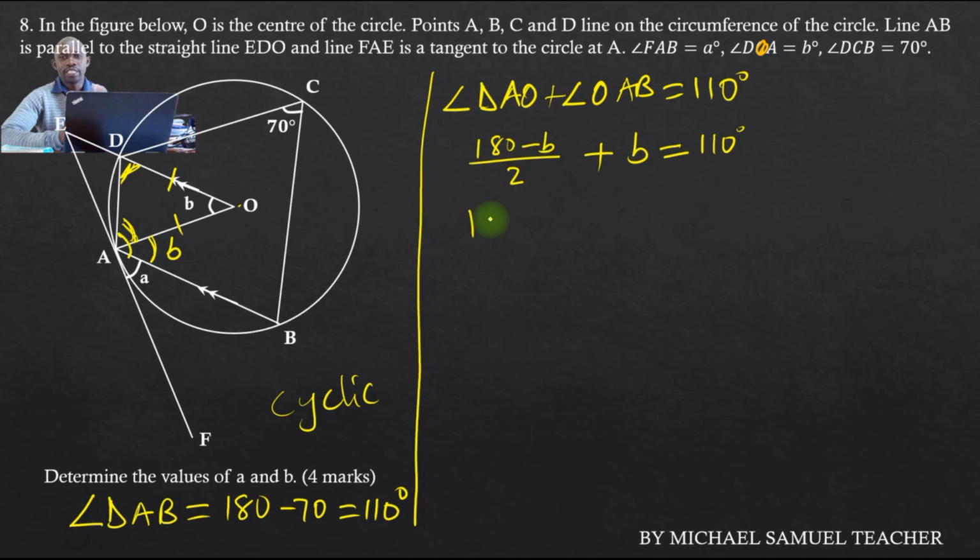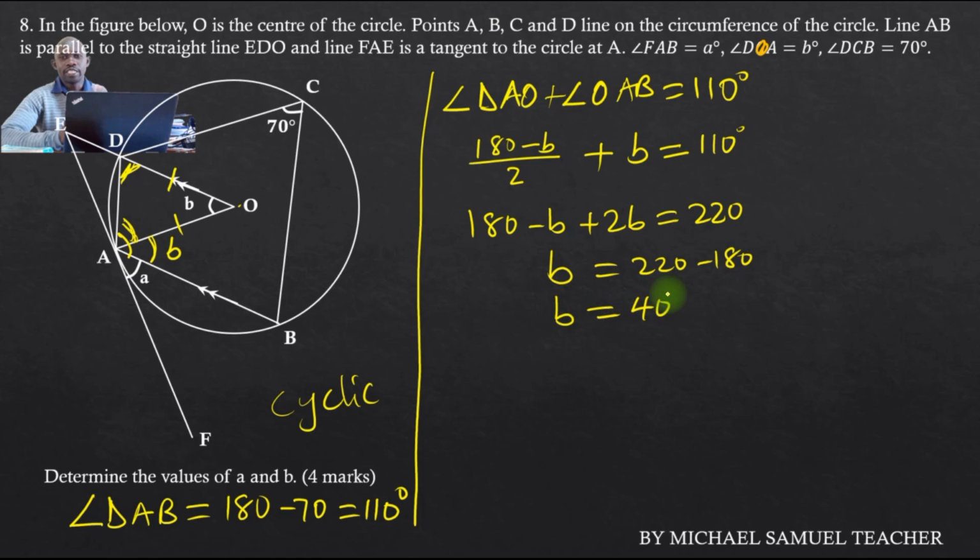So this will be 180 minus b, we are multiplying through by 2, so plus 2b will be equal to 220. So this will be 180 minus b plus 2b, that is b equal to 220 minus 180, so b is equal to 40 degrees.